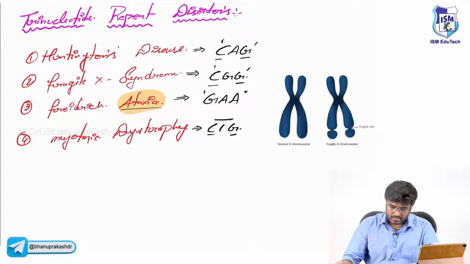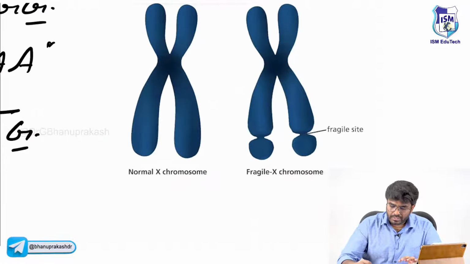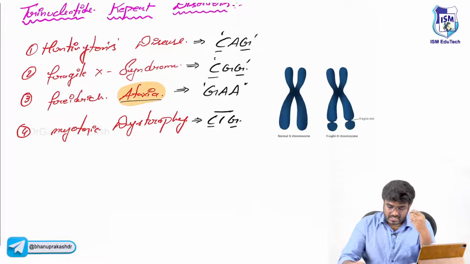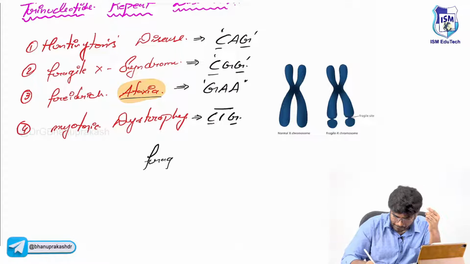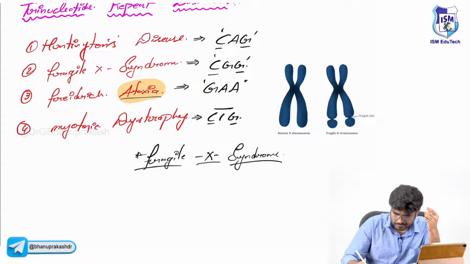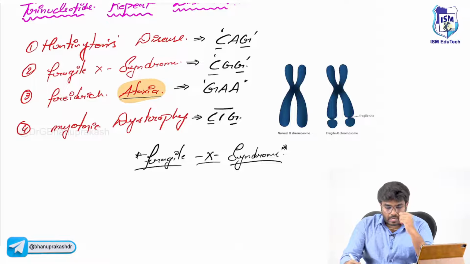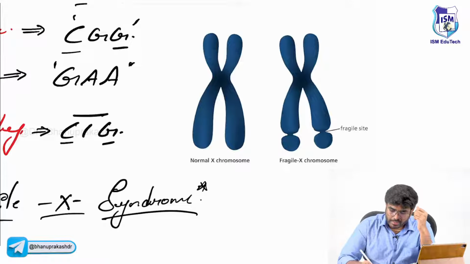These are the disorders. Now look here. First, let's discuss Fragile X Syndrome. Now, look, this is a normal X chromosome.